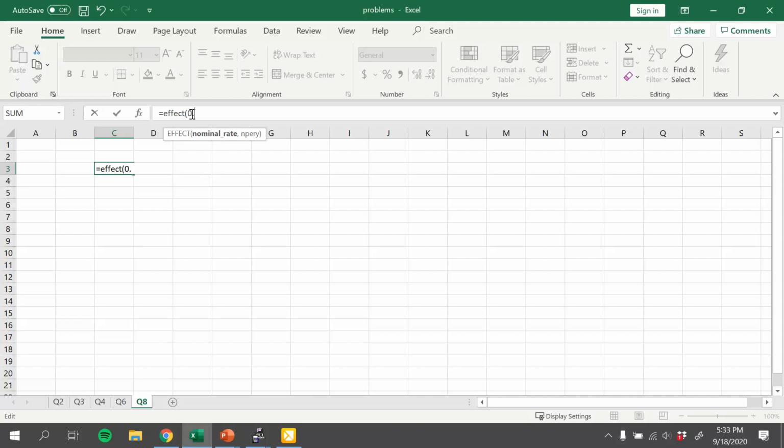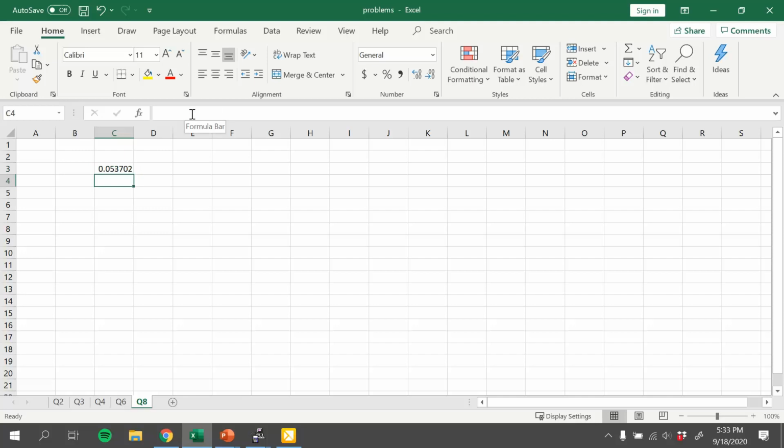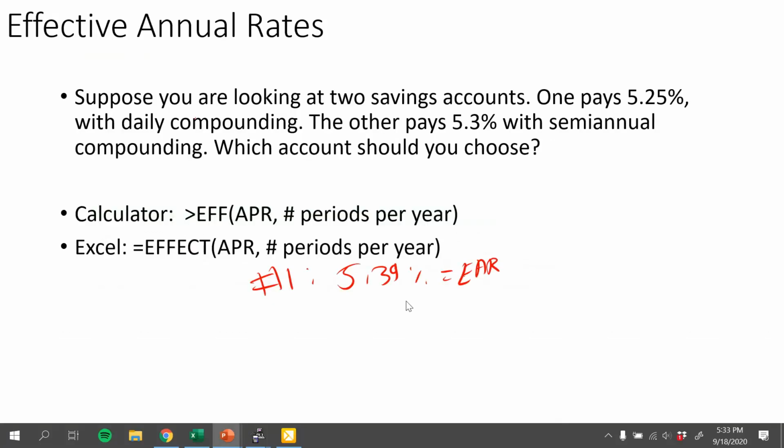So 0.053. And then I need the number of periods per year. So we have semi-annual compounding, so we get 2 interest payments per year. So my number of periods per year is equal to 2. So I'll close parentheses there, and then I get 5.37%. All right, so the second account gives me 5.37%.